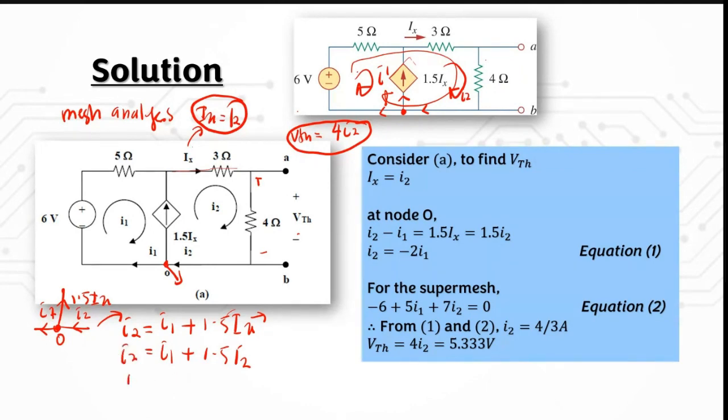So you know that your I2 will be 1.5. When you bring it here, it's going to be minus, right? How much is it? It's going to be negative 0.5 I2 equal to I1, is it?